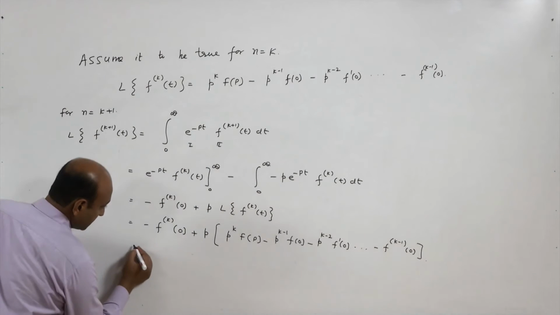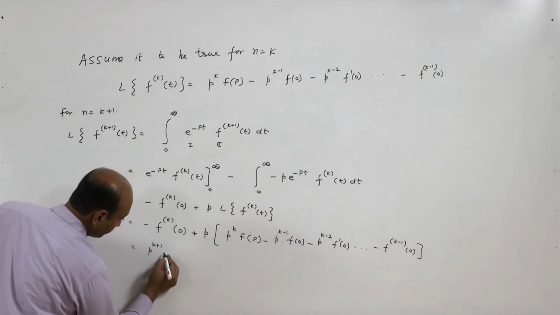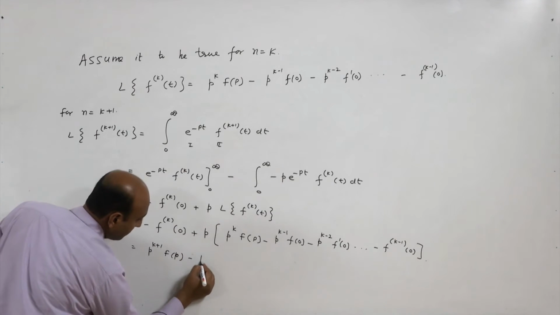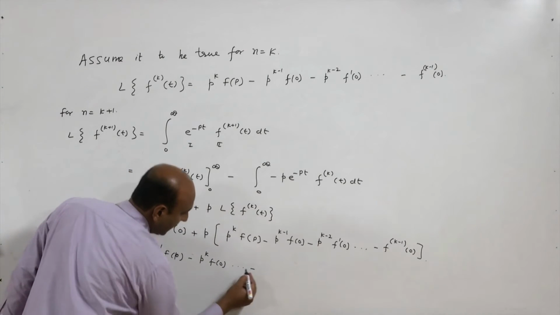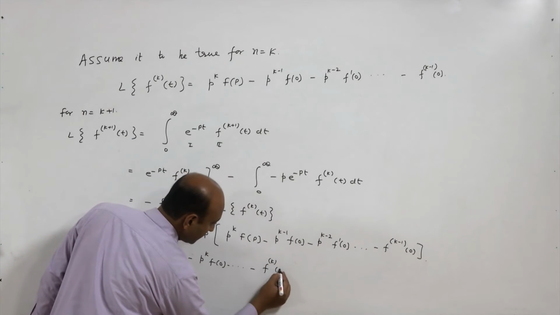This is nothing but p^(k+1) F(p) minus p^k f(0) and so on, minus the kth derivative of f at 0.